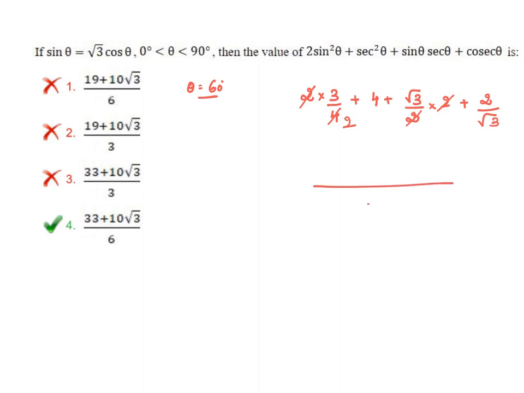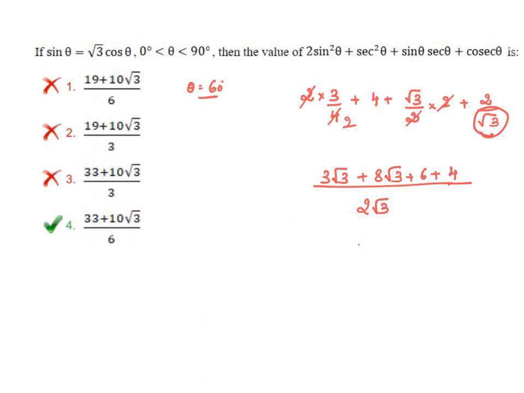Take the LCM of 2 root 3. 3 into root 3, 3 root 3. 4 into 2 root 3, 8 root 3. 2 into root 3 into 2 root 3, that is 6. 2 into root 3, 2 2s are 4.